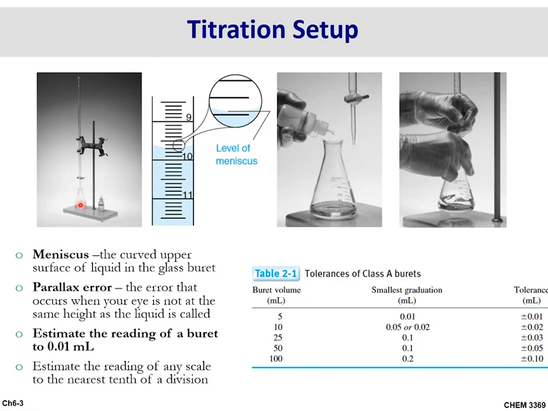Now the flask that is shown here contains the solution of the analyte. We need to know precisely the volume of the solution of analyte, because we're trying to calculate the concentration of the analyte. So the concentration is the number of moles that we will obtain from the titration per volume, right?